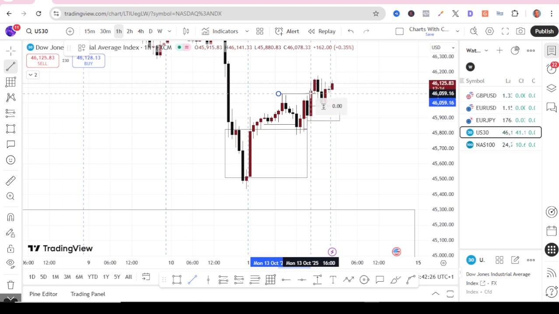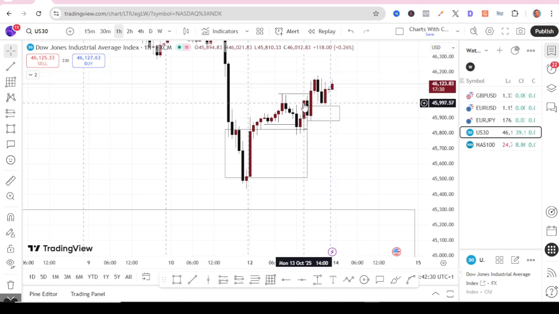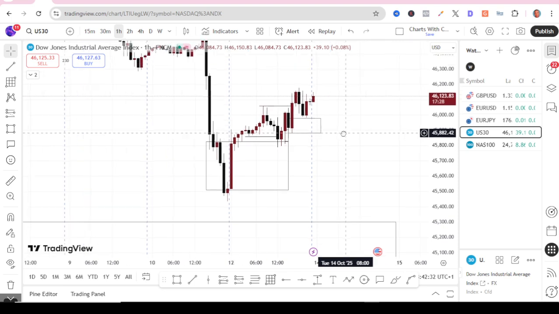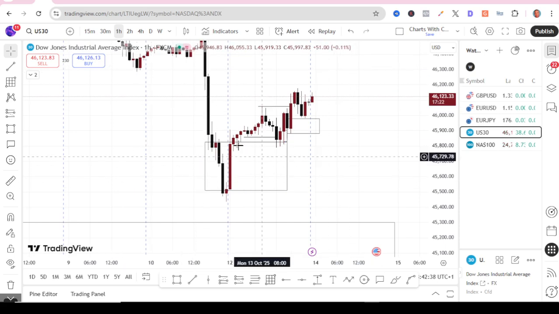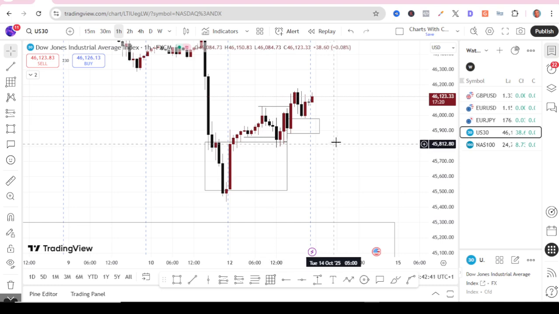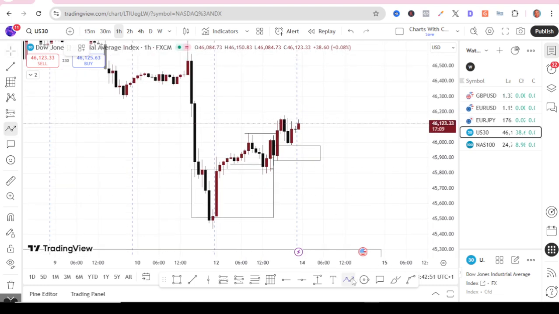We had this. Immediately we broke that, price came and mitigated something here, and is currently going to the upside. So either ways, price would come somewhere here and continue the buy to the upside, something like this.